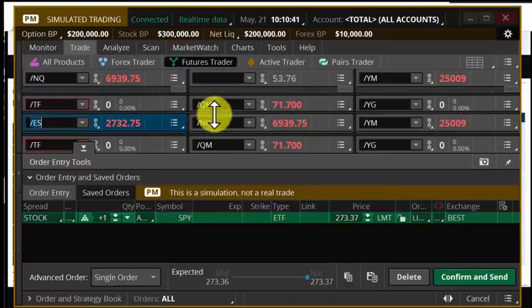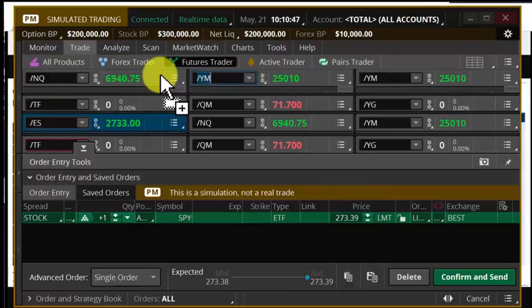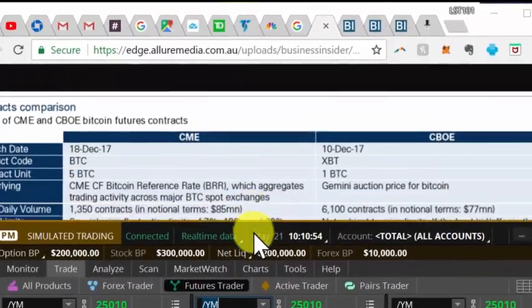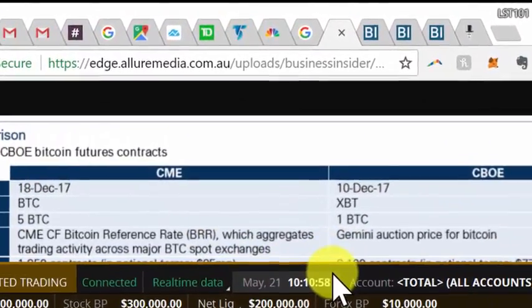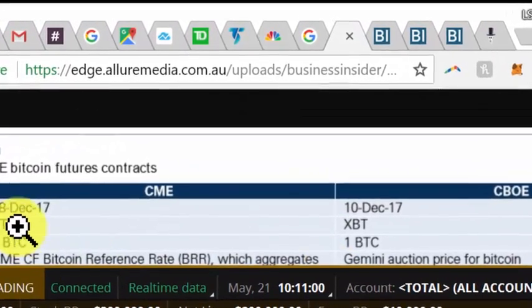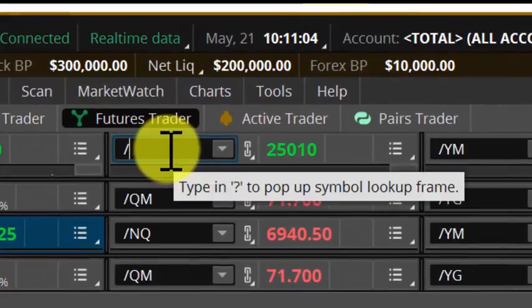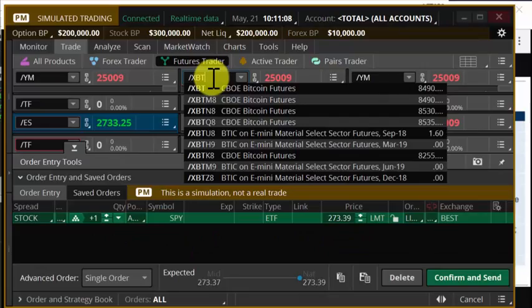Here's your S&P 500 ES. You've got your Nasdaq NQ, YM, which is the Dow, TF, which is the Russell. And what you could do is type in, according to that chart we showed you earlier, XBT, right? So that's the one you want to use. You could type in BTC for the big one, but let's just type in slash XBT, and you'll notice that it pops up, right?